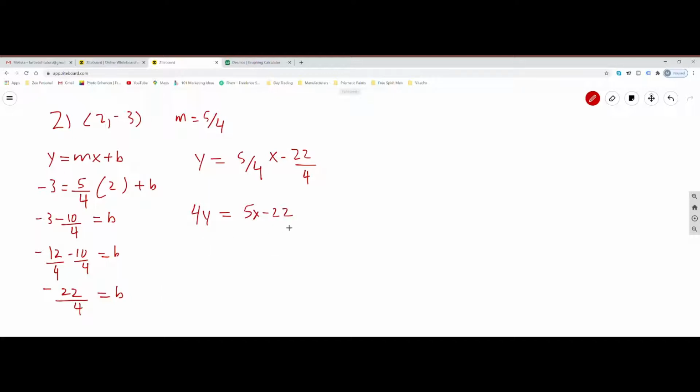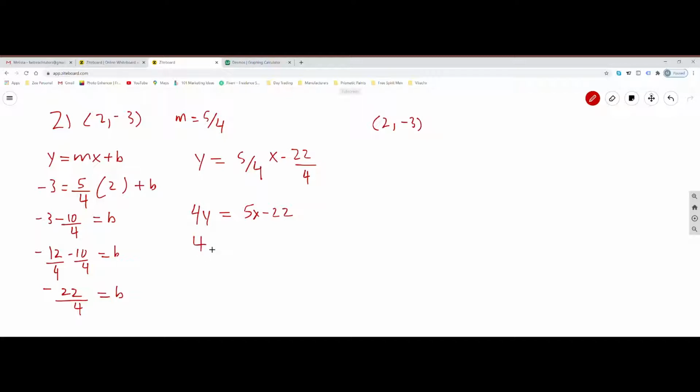So it says to determine two additional points on the line, one to the left of point A and one to the right of point A. So we have the point 2 and negative 3. So let's try left of the point. So we'll do negative 2.